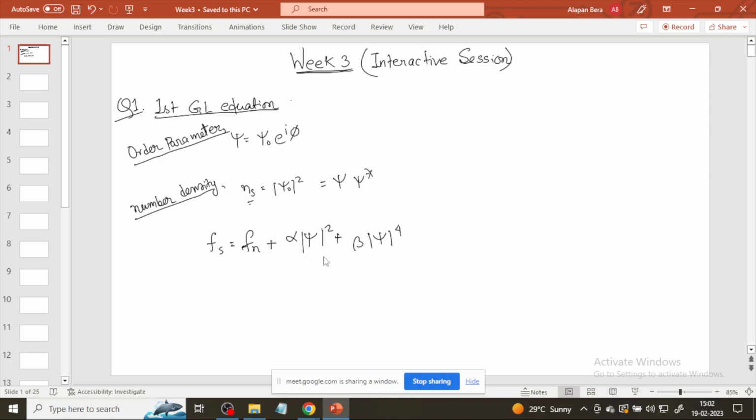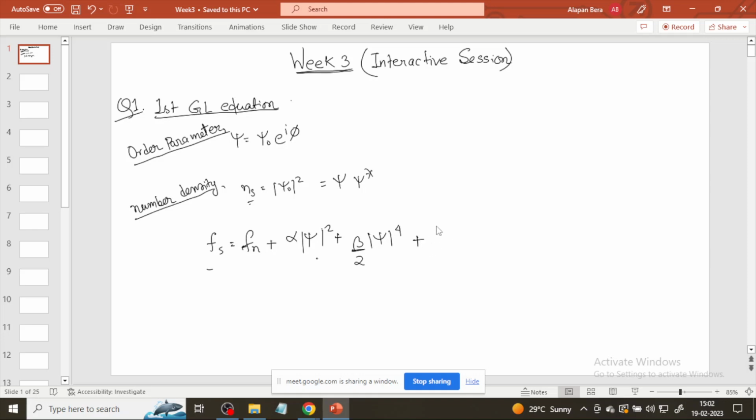Okay, so we take basically the free energy as a function of this density of Cooper pairs, the number density. So in addition to this, by convention we take beta by 2, and in addition to that we also consider the kinetic energy of these Cooper pairs.